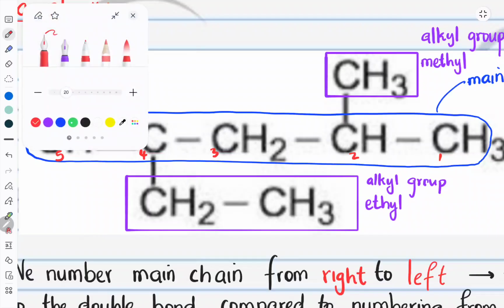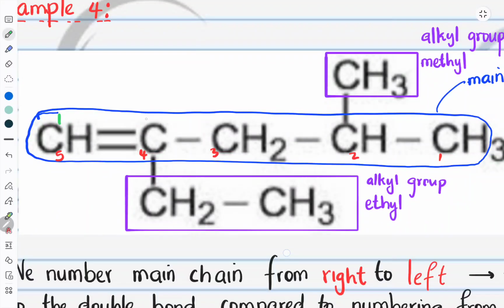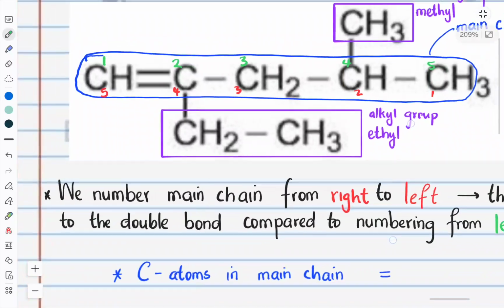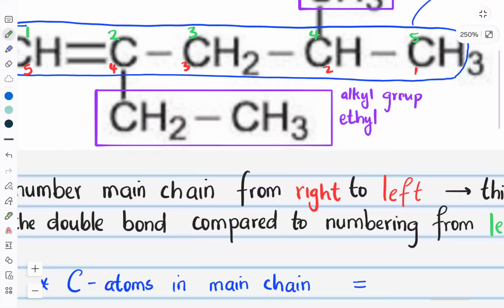And then if we number from left to right, on the other hand, we have 1, 2, 3, 4, 5. So if you check, if I number from left to right, my double bond is on carbon number 1. If I number from right to left, my double bond is on carbon number 4. So you see, I have to use left to right.